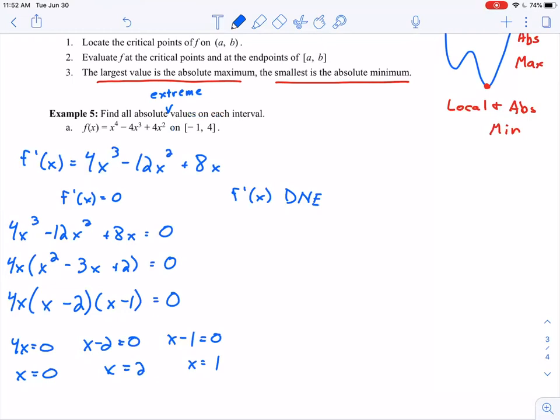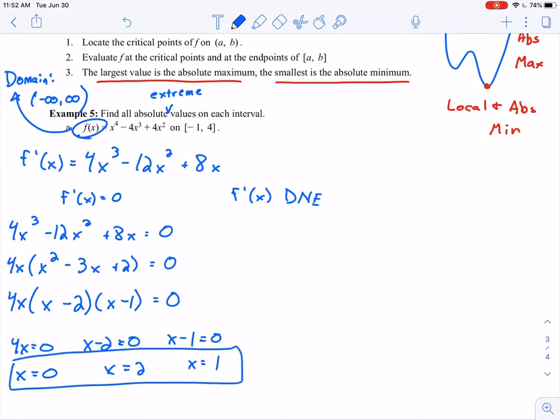The other thing, remember, that we're looking for when we're thinking about critical points, we need to think about the domain of our original function f of x. When we look at the domain of this function, as we look at it right here, it is a polynomial. So the domain in this case is -infinity to +infinity, which means that there are no restrictions on my domain. In other words, all three of these are critical points. So I have 3 so far: x equals 0, x equals 2, and x equals 1.